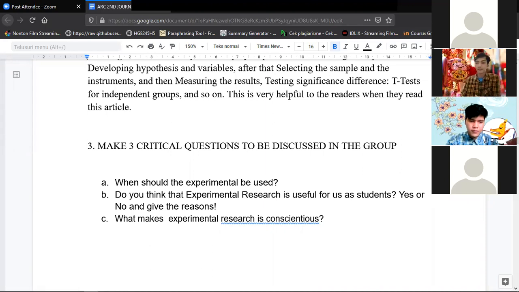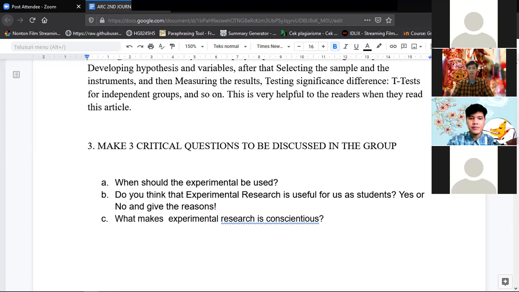I think I use experimental research when I want to know the relation between two variables, and whether the variables have a cause and effect.